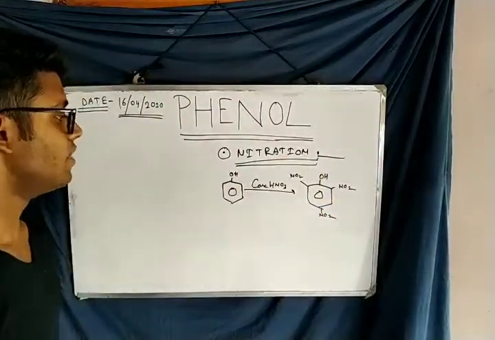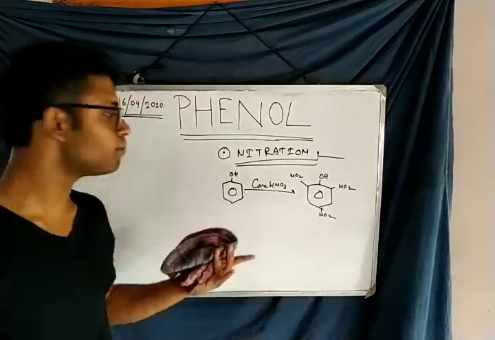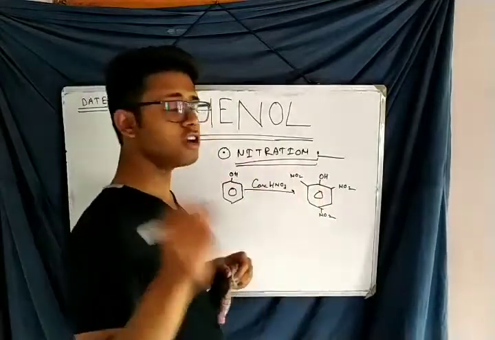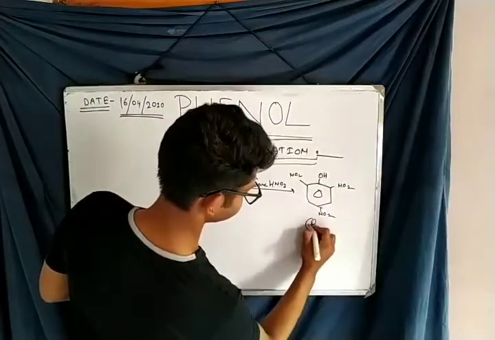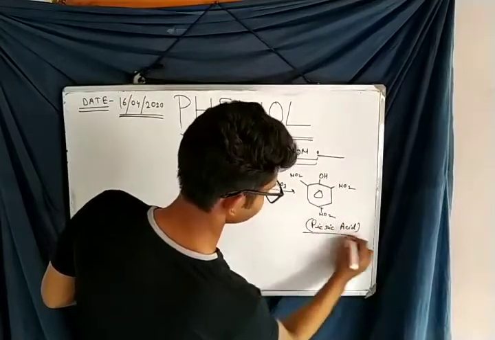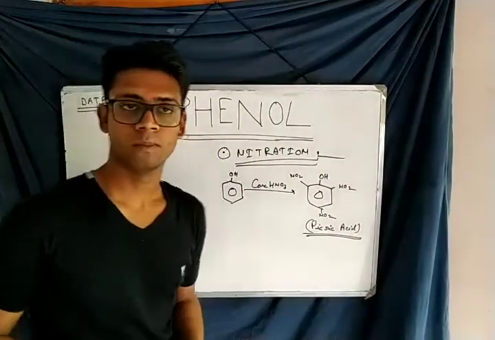This is a very important compound obtained from phenol. The general name of the compound is picric acid. What is the name of this compound? Picric acid. It is a very important compound obtained from phenol.